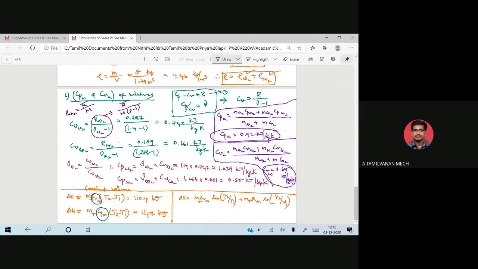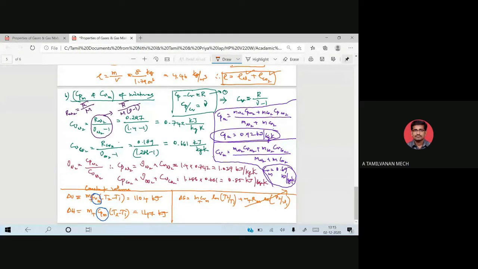Here this term gets neglected. Why is this term neglected? Because it is a constant volume process, V2 by V1 is one, so this term is neglected.